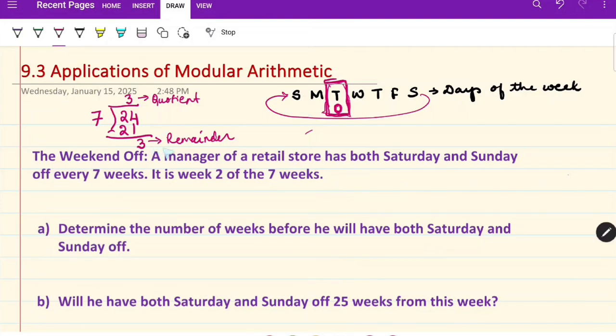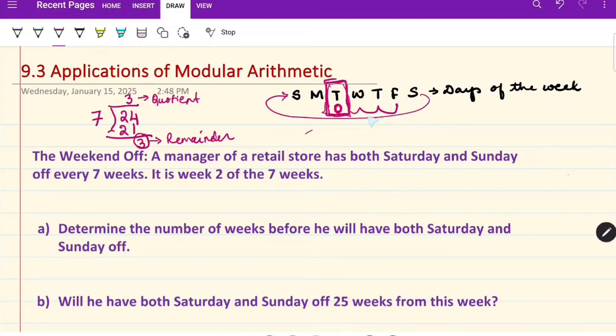And then the remainder tells us how many days you have to go after you land on your start day. So 3 tells us from Tuesday, you have to go 1, 2, 3 more days.